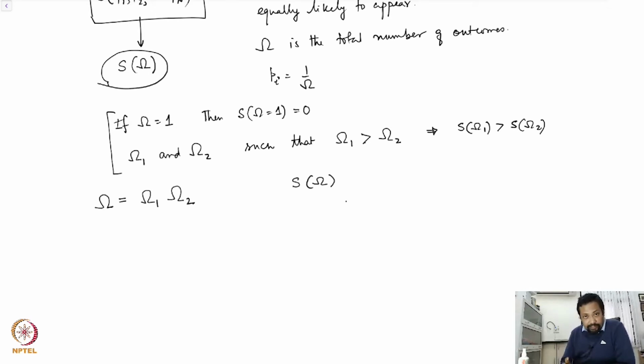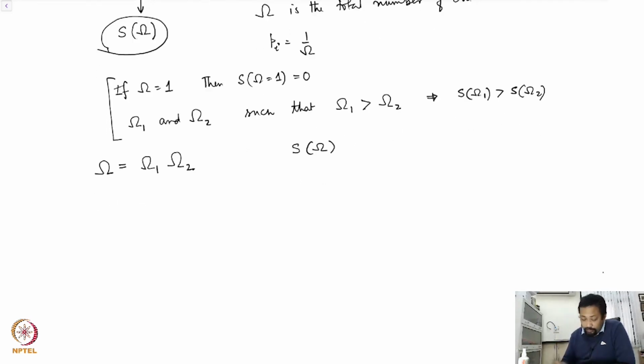Clearly, if I know the outcome of one of the events, then the uncertainty in the other is not completely gone. For example, if I toss a coin, then I have head and tail, and if I roll a four-faced die, I have these four outcomes, right? So even if I know the outcome of the tossing of the coin, I still do not know the outcome of the rolling of the die. There is uncertainty which is contained over here.